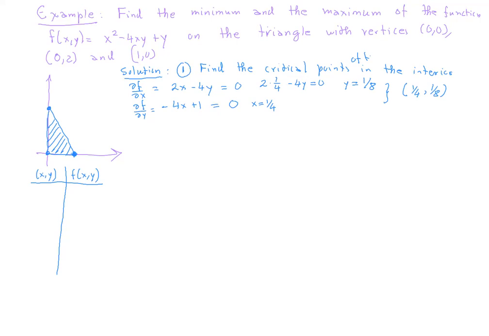We still wouldn't be able to ascertain that it's an extremum. So what do we do? Instead, we stop right here and we put this point that we just found on our table. Later we're going to evaluate the function on this point and compare it to the other candidates. Then the second step, which is the longest step, is to explore the boundary.